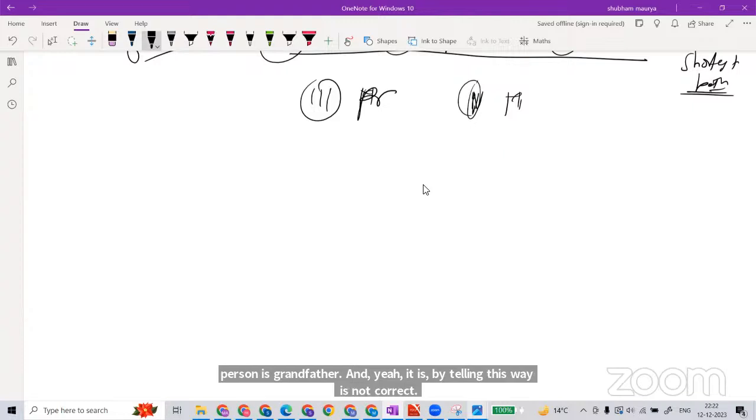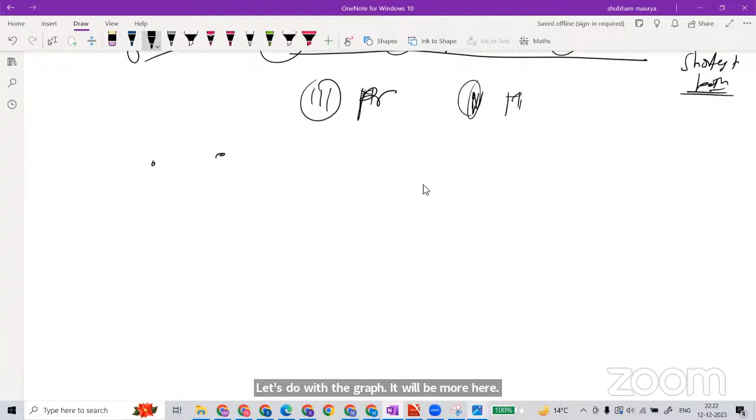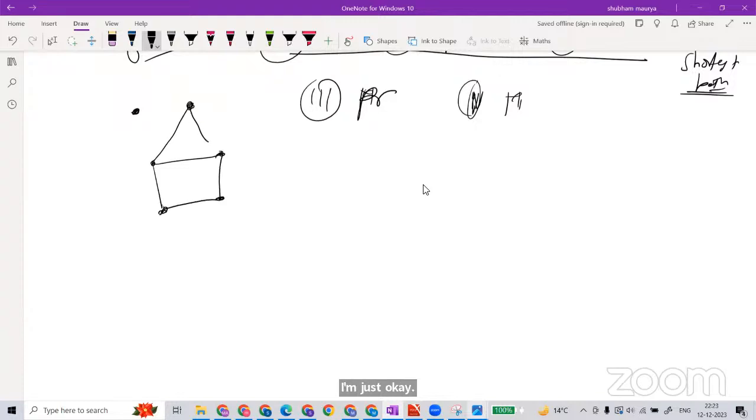So suppose I take the same graph from yesterday. The simple thing is that if you have a path here, suppose these are the vertices we have. I just added this one.